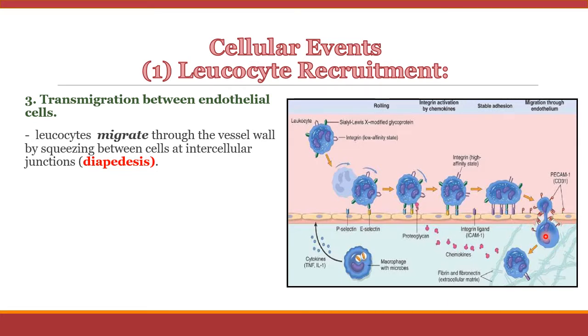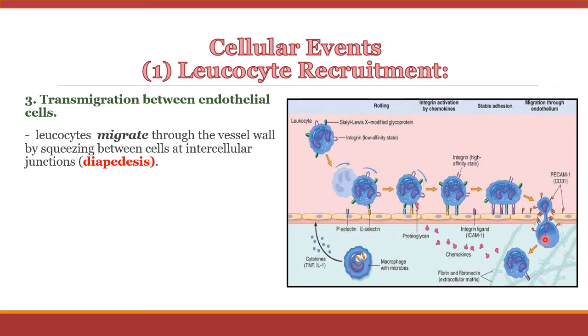This happens because of the increased permeability, and we discussed that in the previous lecture. We said that we have endothelial cell contraction, endothelial cell retraction, and also endothelial cell injury. All of those resulted in gaps in the vessel wall. Now those gaps are needed for this step of the exit of the neutrophil between the endothelial cells.